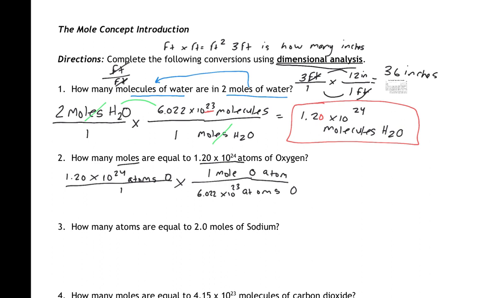So at this point, I'm going to multiply the 1.20 times 10 to the 24th times 1, which is going to get me 1.20 times 10 to the 24th on the top. And then I'm going to multiply 1 times 6.022 times 10 to the 23rd. And that's just going to get me the same number because it's multiplied by 1. Then I'm going to divide these two to get my answer.